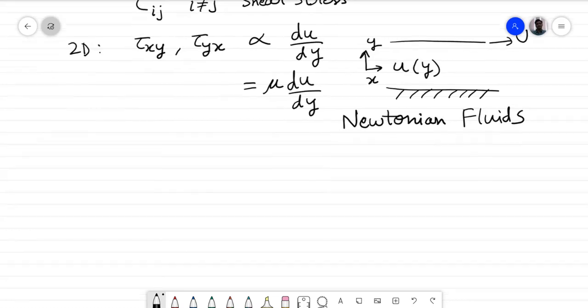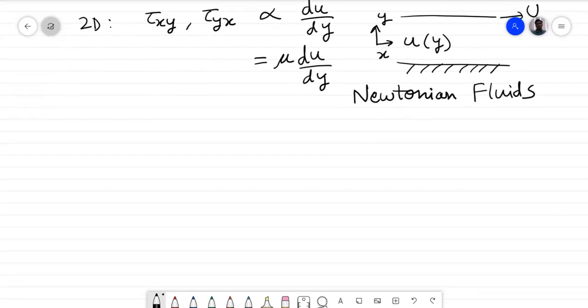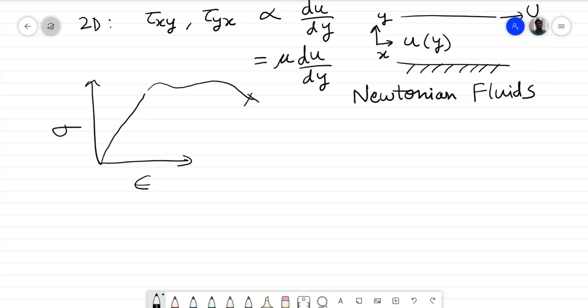Also, earlier I told that for solids, the stress strain graph looks like that, and the material breaks at a certain point, and this is the linear portion up to here, which is also known as Hooke's law, where sigma is proportional to epsilon, where epsilon is strain and sigma is stress.